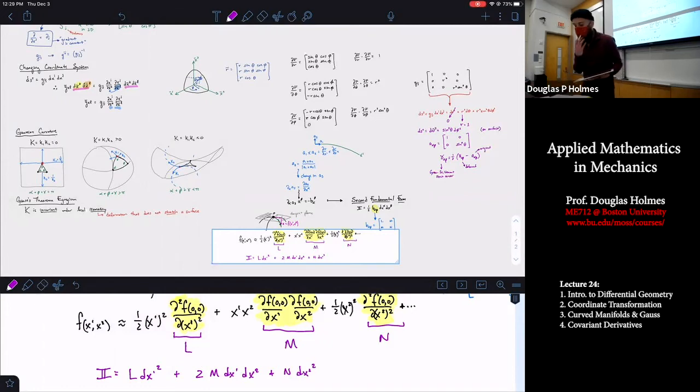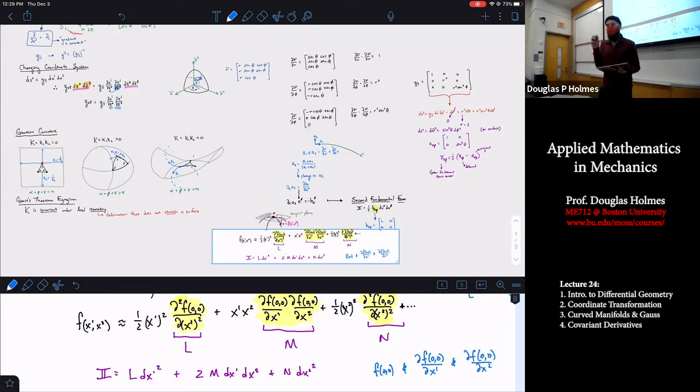What happens to those other terms that we're used to when we do a series expansion? We're used to seeing stuff like f at 0, 0, and we're used to seeing first derivatives, like df by dx1 and df by dx2. Well, what happened to those? If my tangent plane has a slope, which is what these things would mean, these things are saying slopes.